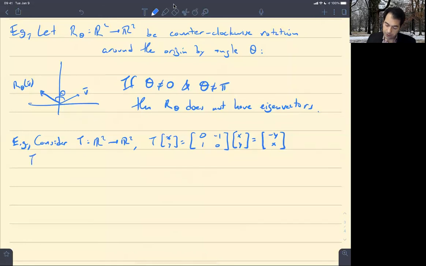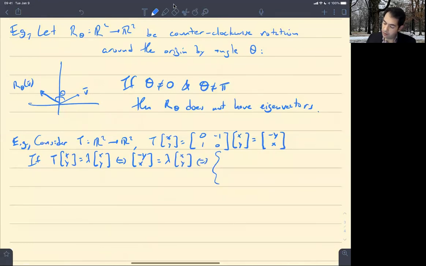So if T of (x, y) is equal to lambda (x, y), this is equivalent to having (y, -x) equal to lambda (x, y). And that's equivalent to having the system: y equals lambda x, and -x equals lambda y. It's a very simple system, so let's just substitute one equation into the other.